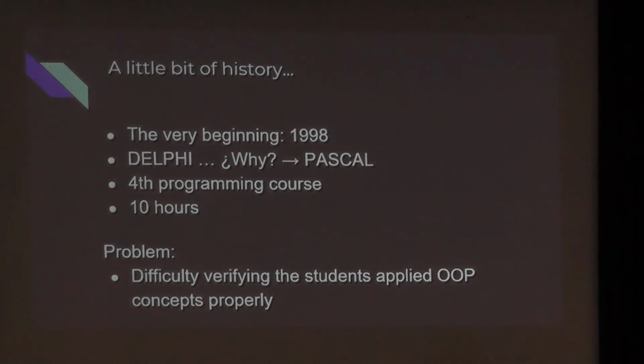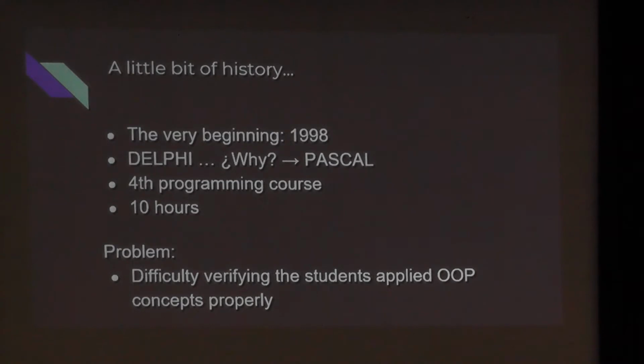The very beginning of the history. We started with object-oriented programming here in Neuquén, in the university, in the Facultad de Informática, in 1998. We started with Delphi because, why? You ask why.